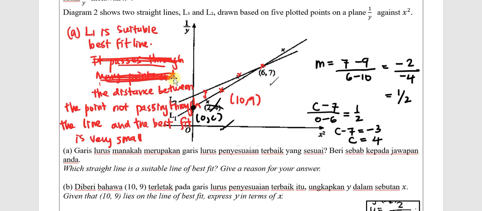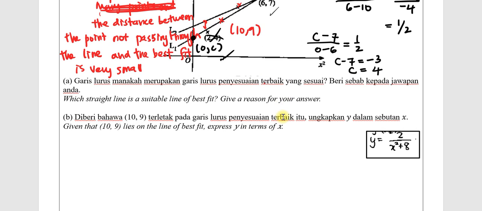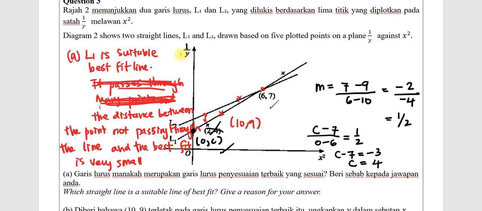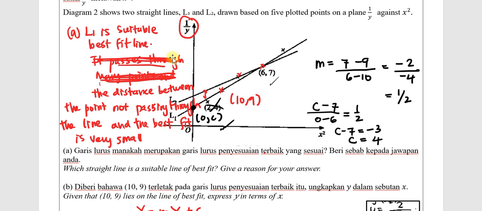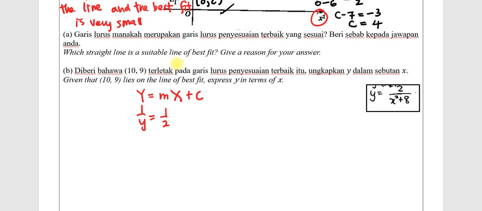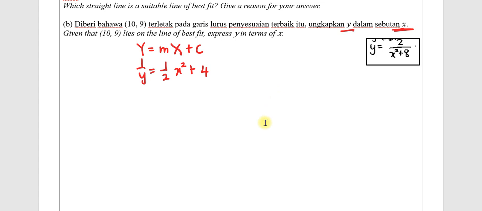Now let us arrange them in y equals mx plus c. Your y is, look at your y-axis, 1 over y. Your gradient is 1 over 2, your x-axis is x squared, and your y-intercept is 4. Now you need to express y in terms of x. That means change this linear to non-linear.